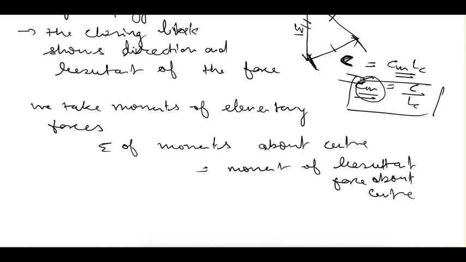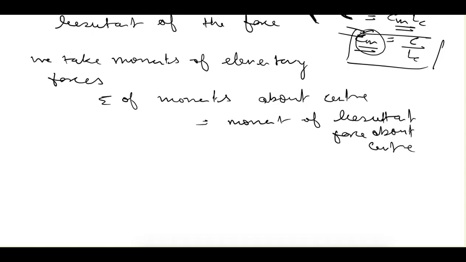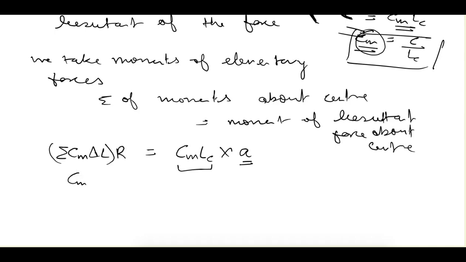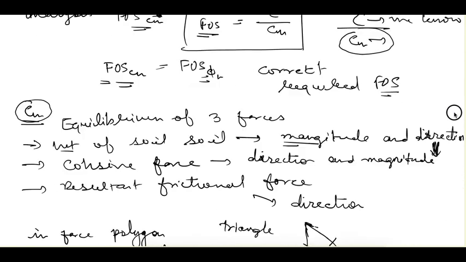So if we write the moment about the center, sigma of moments of elementary forces, it is sigma Cm delta L into r. So this is the force, total force into lever arm, which is equal to moment of the resultant. So what is the resultant? Cm into Lc. This is our resultant force, and the distance at which it is acting is equal to a, that we have assumed. So sigma of delta L is equal to the total length of this arc.